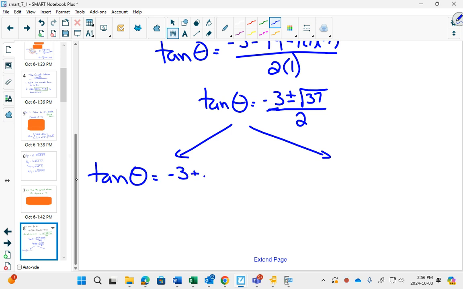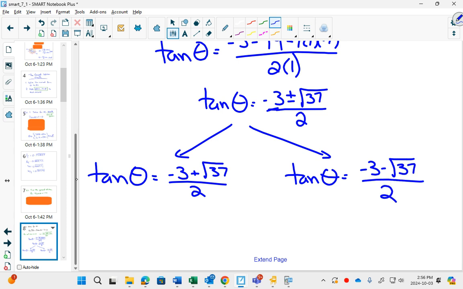One answer with the plus, and one answer with the minus. I hope you can see that those are not on your unit circle.